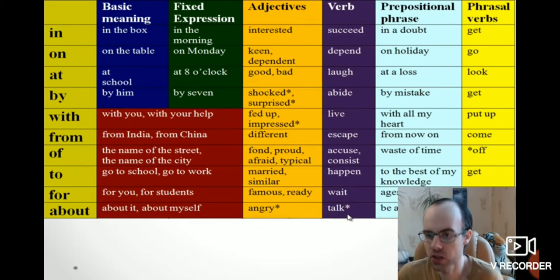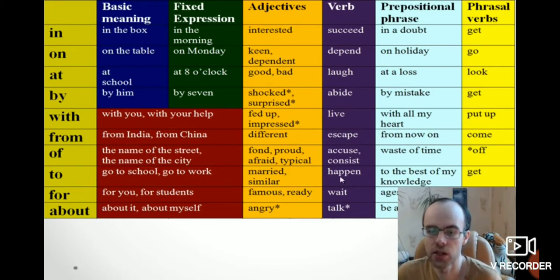Let's talk about it. But sometimes we can use different prepositions after a verb. For example, talk about means discuss, but you can say talk to or talk with. For example, I talked to him or I talked with him. It's also possible or acceptable. It means that we had a conversation. Okay, there are other verbs.